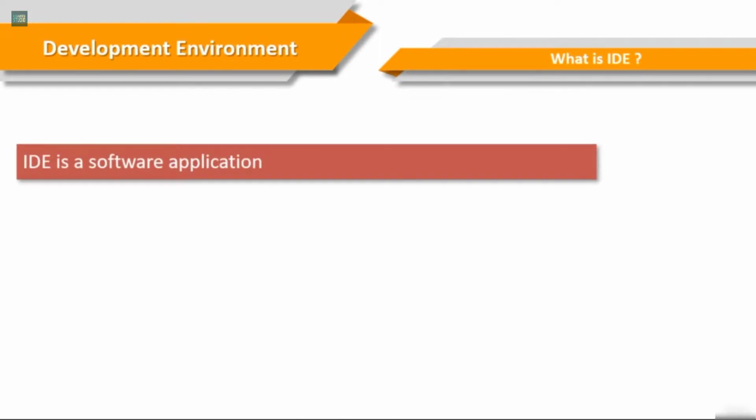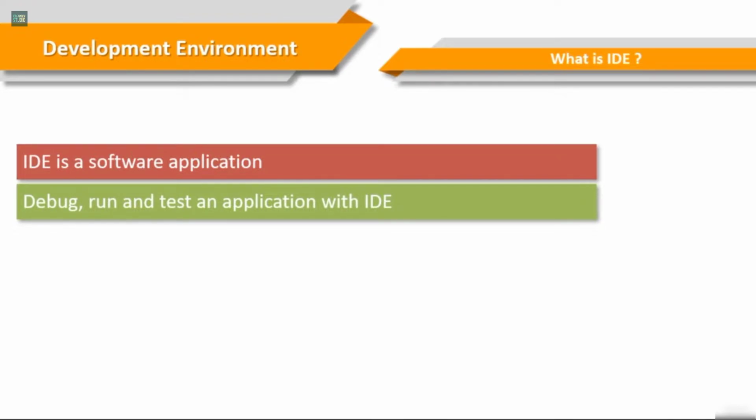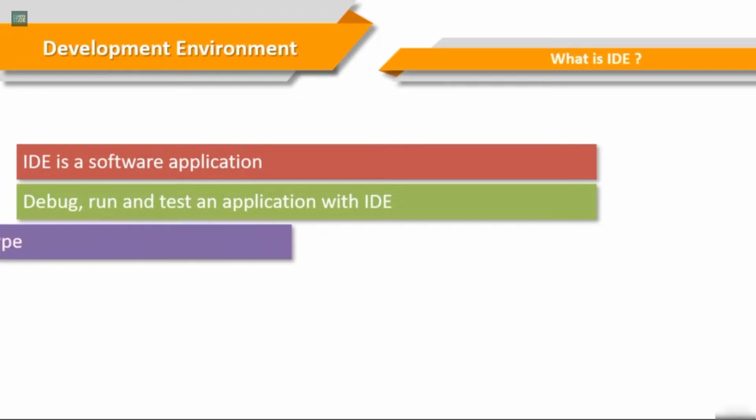Now, I also want to explain a little bit that an IDE is a software application that combines all of the features and tools needed by a software developer. So a developer would be able to debug, run, and test applications with an IDE. And because it provides useful debugging and testing features, it's all in one handy place.